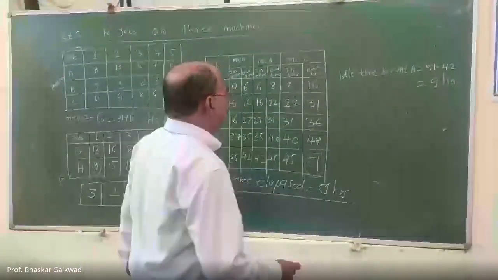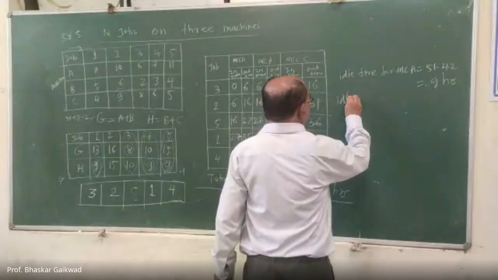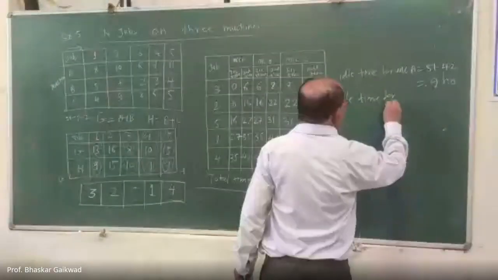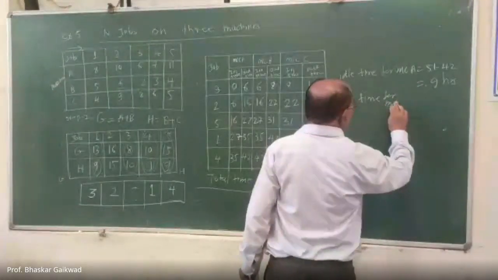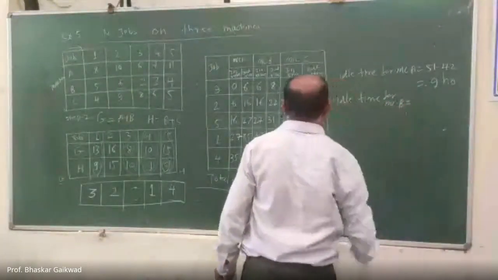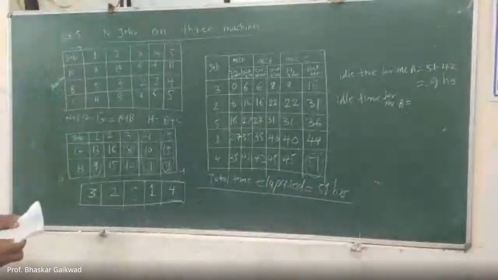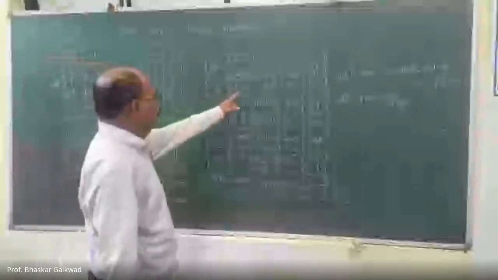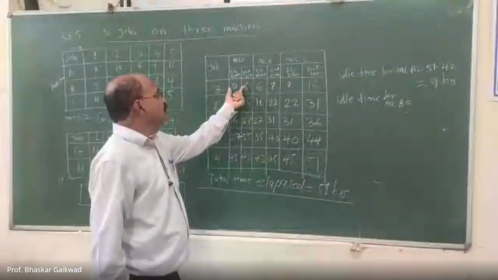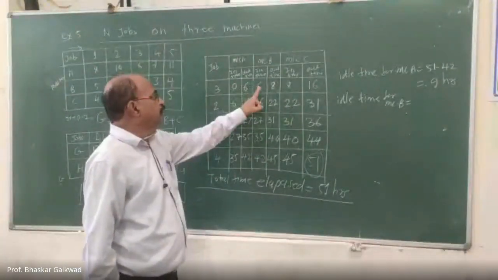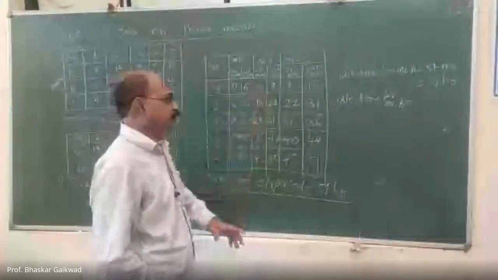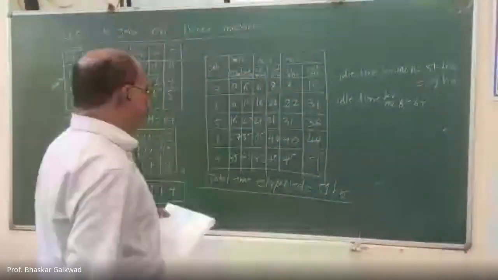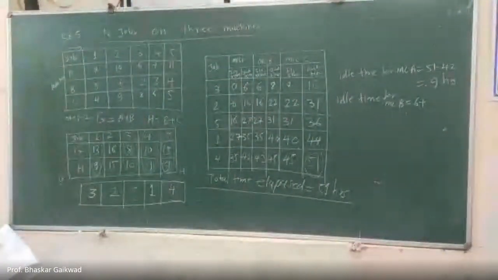So idle times for machine B. Now, see that machine B, once the job is processed on A from 0 to 6 hours, it remains idle. So you can take that 6.